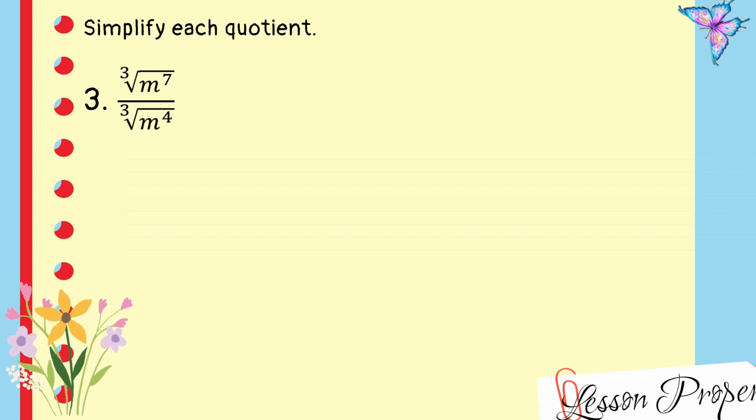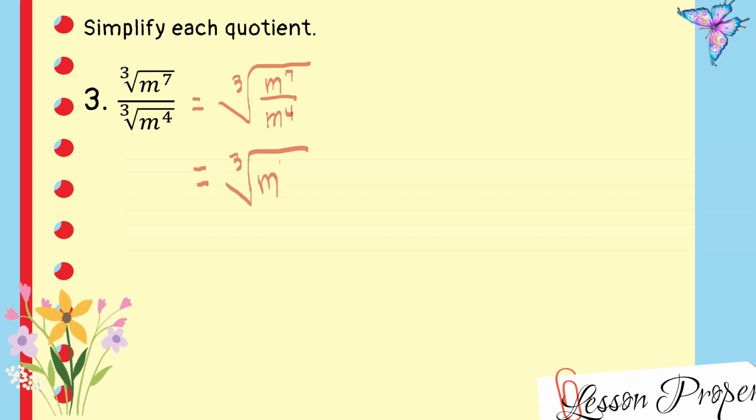Number 3. Cube root of m raised to 7 all over cube root of m raised to 4. We can write this as one radical. We have cube root of m raised to 7 over m raised to 4. And by the quotient law of exponents, we can write that as cube root of m raised to 7 minus 4.